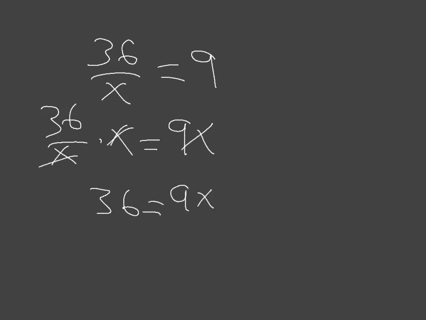So now we can just divide both sides by 9. 36 on 9 is equal to x. 36 on 9 is 4, so x equals 4, which is what we got before, and we've already checked that and we know that's right. So those are the correct ways of doing this problem where we're dividing by x, the variable we're solving for.